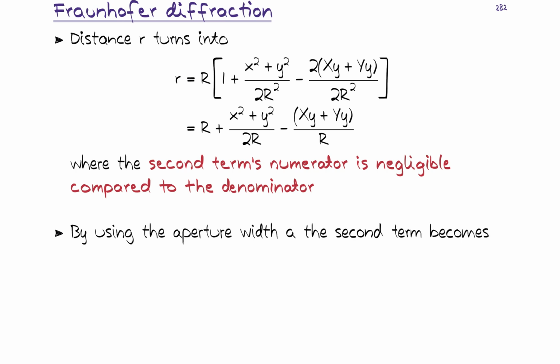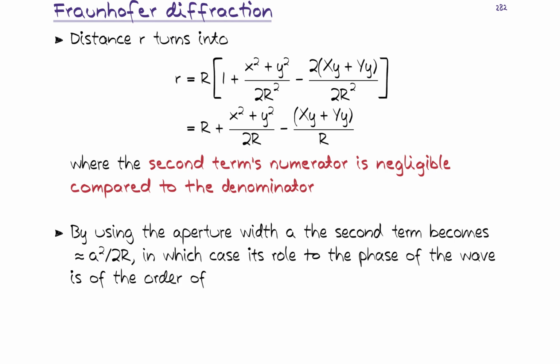And now basically we recall that the maximum size of the aperture A is not large, and then we can write that the largest possibility for the second term will be of the order that we are replacing x and y with the A. So basically we then have a squared divided by 2r, or maybe we should have 2 times a squared here, but essentially that's the largest we can have for that value.